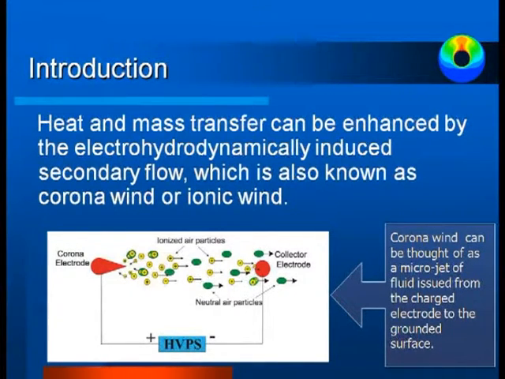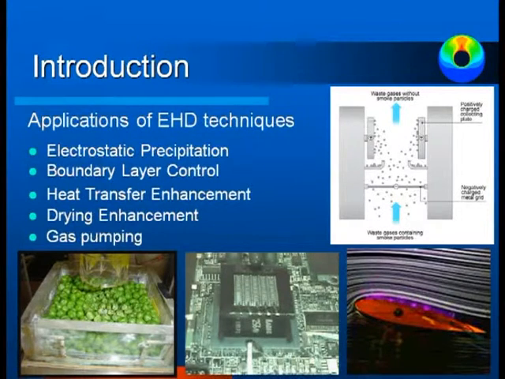You can think of the corona wind as a microjet issuing from the emitting electrode to the grounded electrode. Because we create this jet, it can be used, for example, for enhanced heat and mass transfer. There are many applications for this EHD technique.